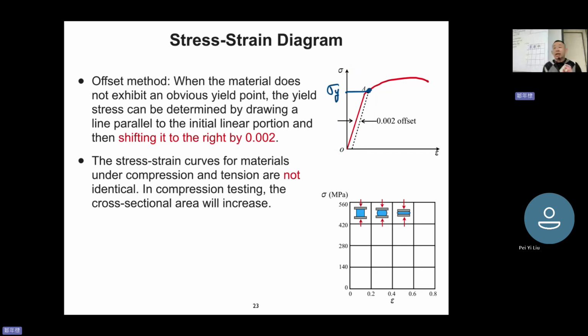Another concept is that the stress-strain curves for a material under compression and tension are not symmetric, not identical. It may look like this.